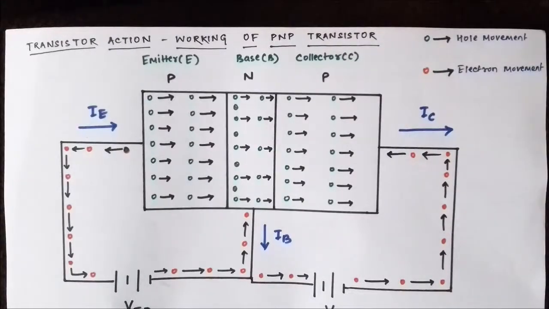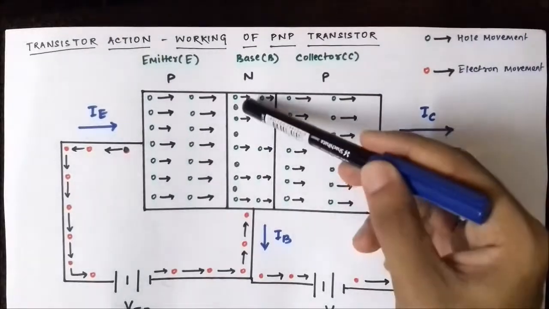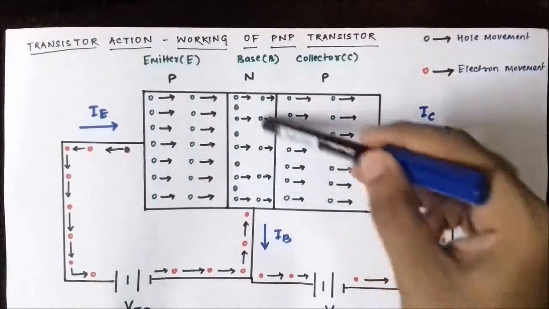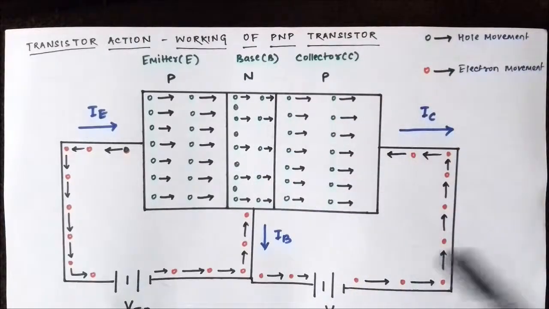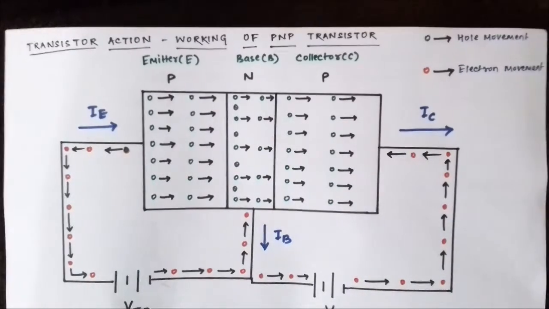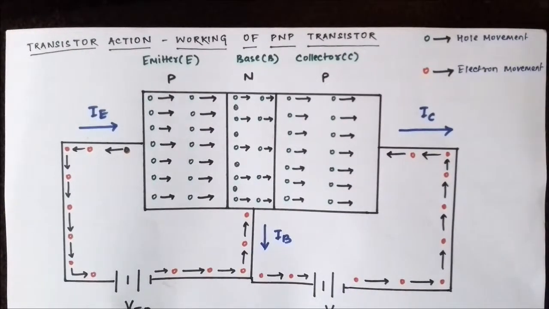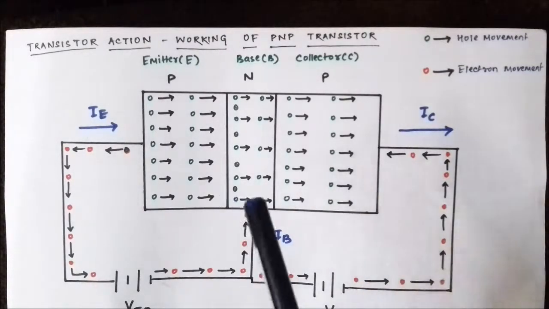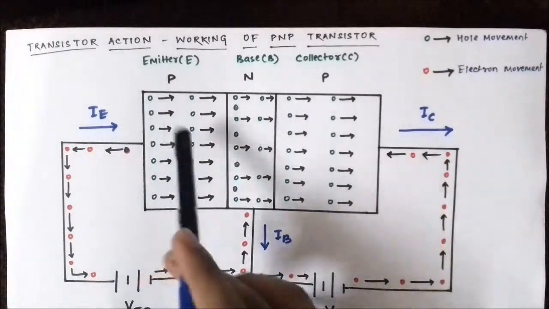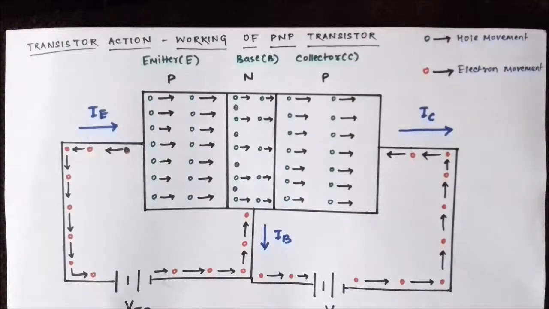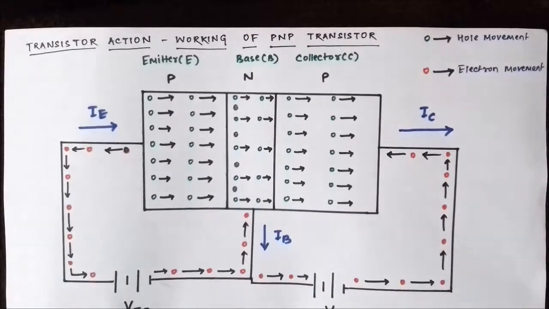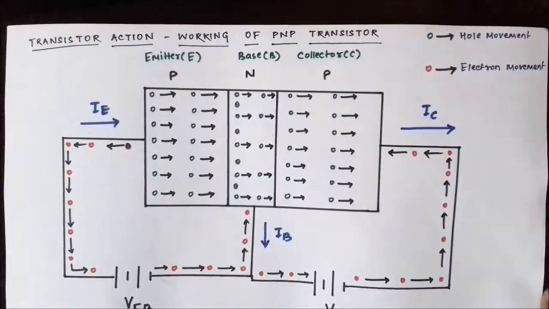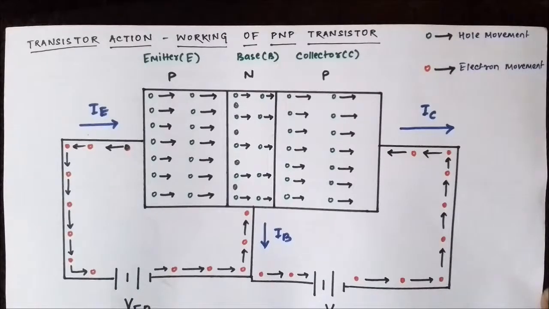Now in the n-type base, the majority charge carriers are electrons because it is the n-type block. Some amount of holes, nearly 5% of the holes which travel from the p-type emitter to the base, recombine with the electrons. That is, electron hole recombination takes place.